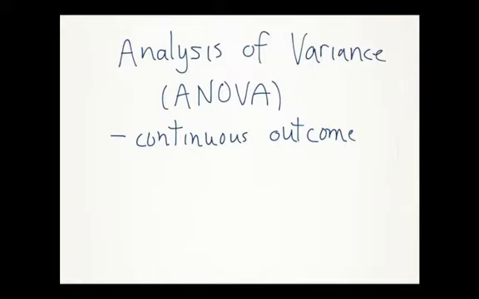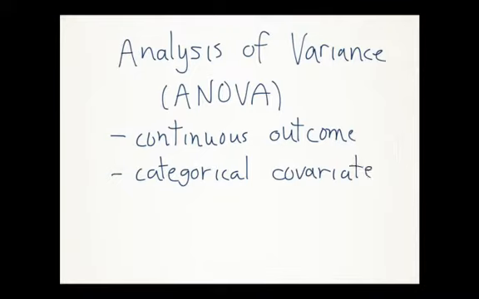Remember, you were either in the treated group or you were in the placebo group. Now we're moving on to a categorical predictor, or categorical covariate, by which we mean a covariate that has more than two levels, so three or more. And we'll talk about how we can go about this.